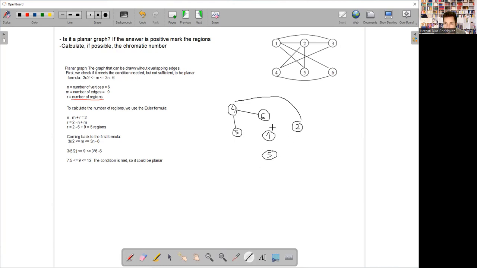Then we have another link between 6 and 1, 3 and 1, 1 and 5, 1 and 2, 2 and 5, and finally 3 and 2.